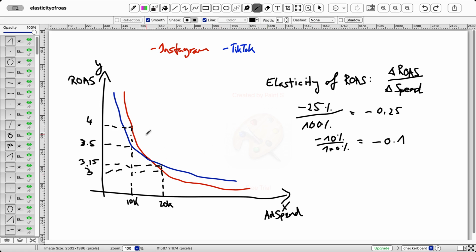And so why is that so useful? If your boss asks you where should we invest, into this channel or into this channel that has a lower return ad spend, you can tell him straight away, okay, no problem, I can find out, but it's not as clear as it seems. We have to double check, first of all, based on the investment that you perform.